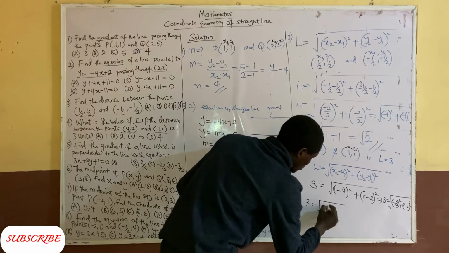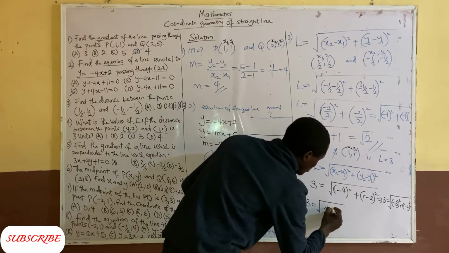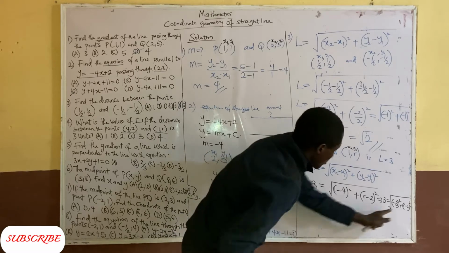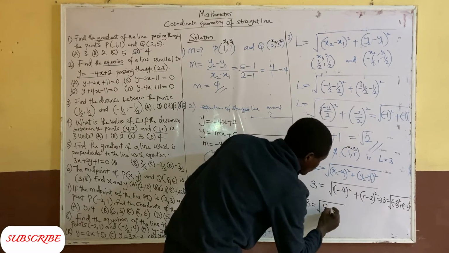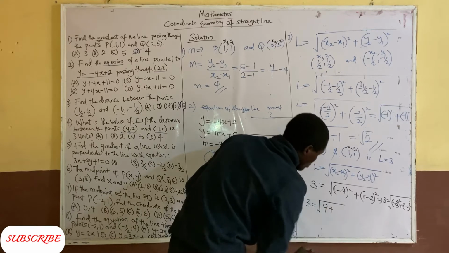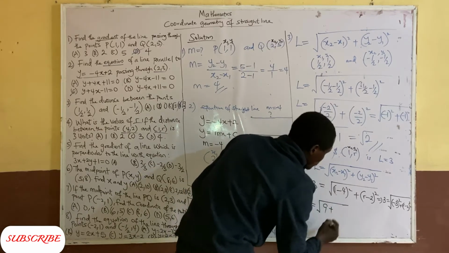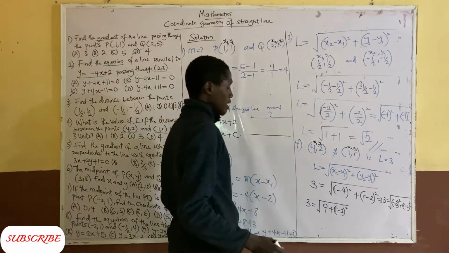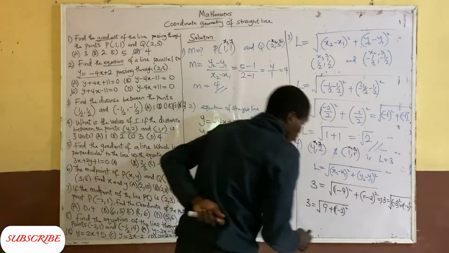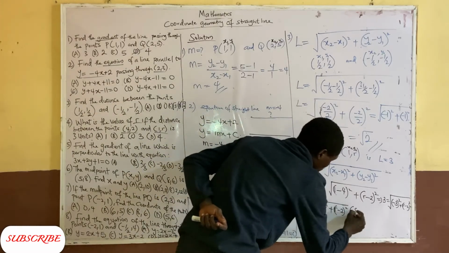Minus 3 all squared is 9, so we have 9 plus (R minus 2) all squared. The best thing now is to square both sides.